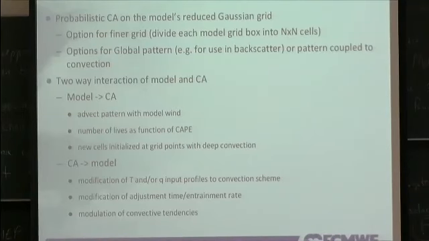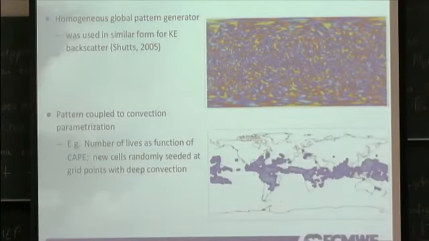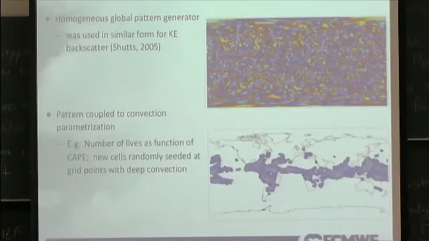And the other way around, you can force the model with the CA. Things I tried were to modify the temperature and humidity profiles which are going into the convective parametrization, or to modify the adjustment time or entrainment rate, or to simply modulate the convective tendencies with the CA. And there are some nice patterns, just to show you how they look.